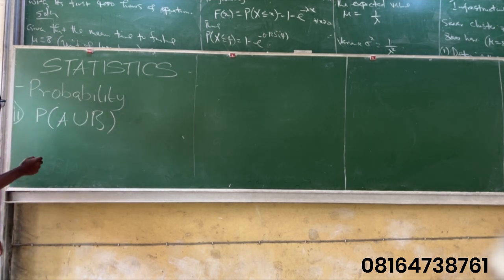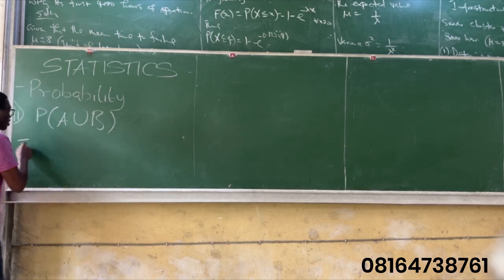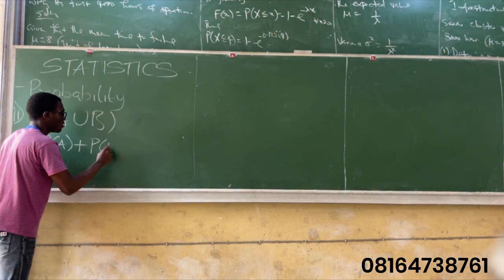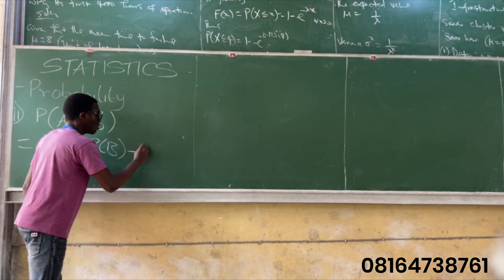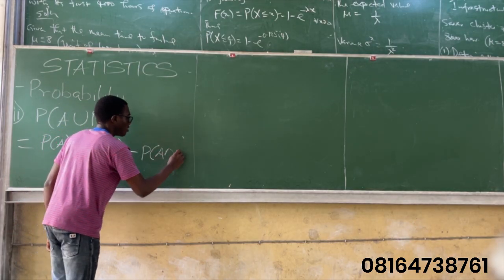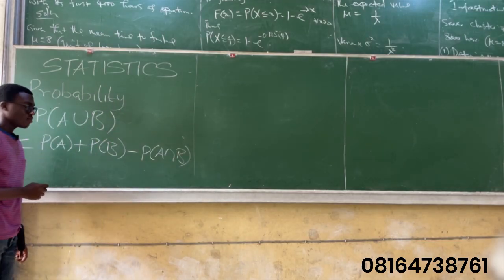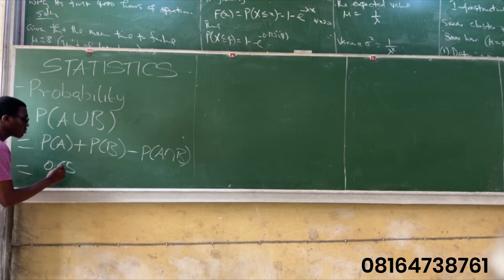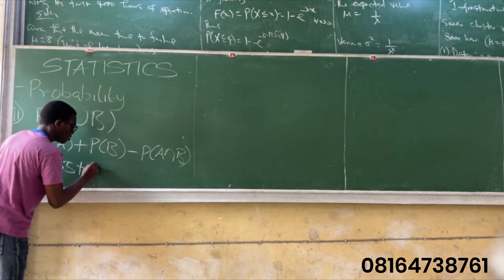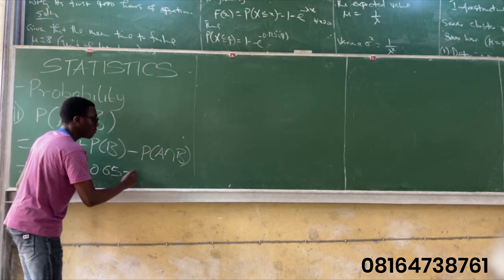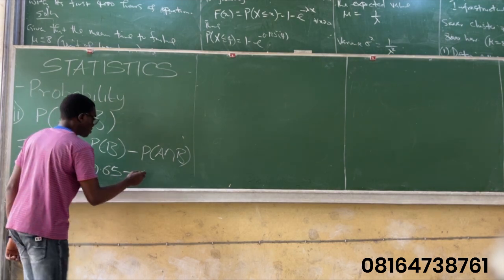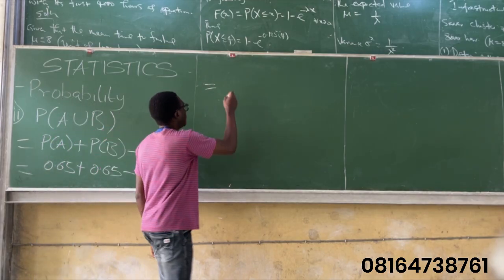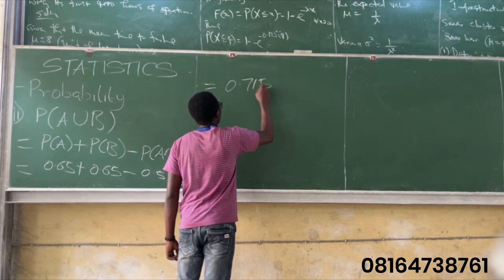So recall that the formula for the probability of A union B is equal to probability of A plus the probability of B minus the probability of A intersection B. So we have that this is equal to 0.65 plus 0.65 minus 0.585, which is equal to 0.715.